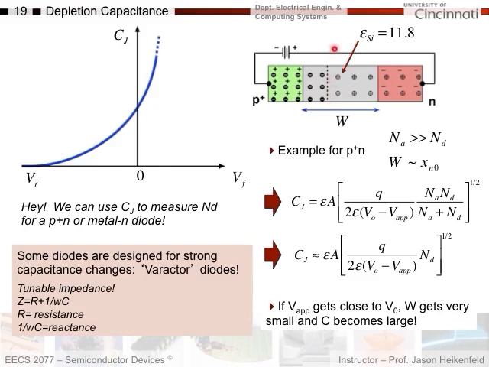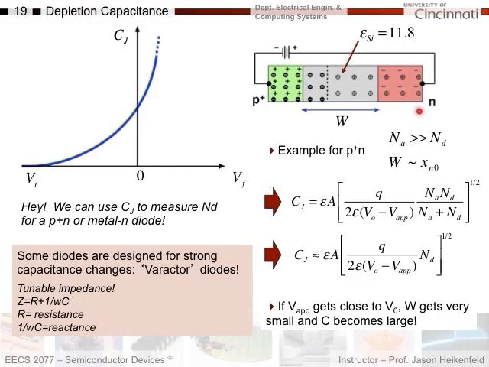If my depletion region width gets larger, then my capacitance should decrease according to the equation we have. And so if I plot capacitance versus reverse voltage, as I go to more and more reverse bias, the capacitance decreases because my depletion region width is getting bigger and bigger. Okay? So, there's a couple of interesting things about this.